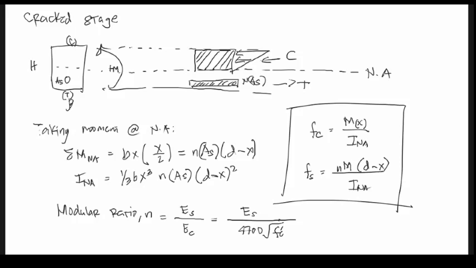We have the modulus of rupture, FR equals the cracking moment times CT over IG, where FR also can be 0.62 square root of FC prime. So please screenshot.